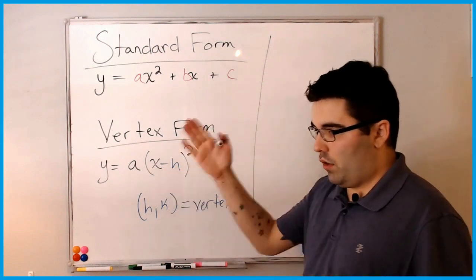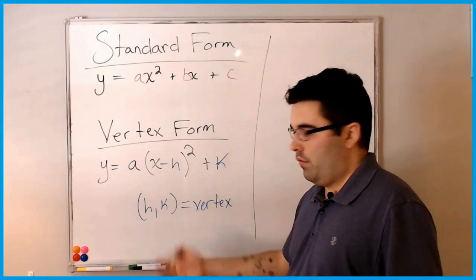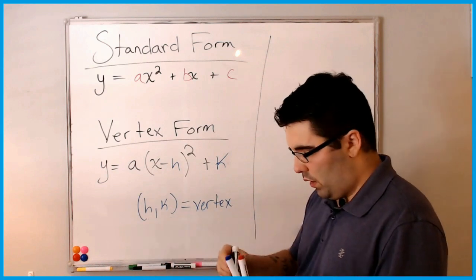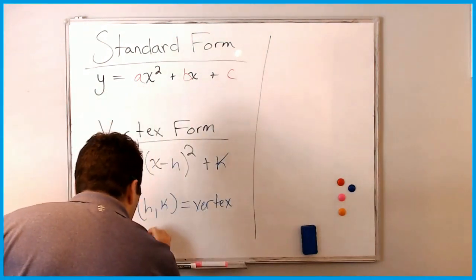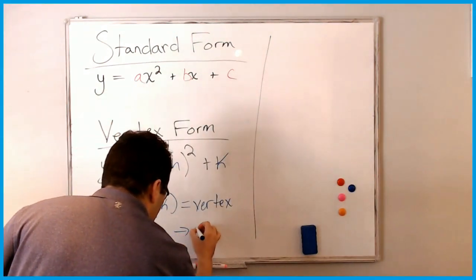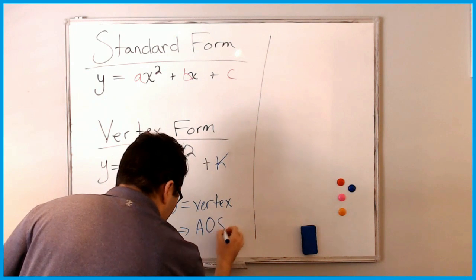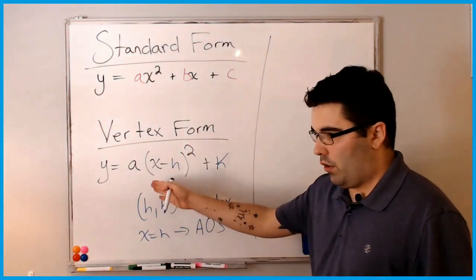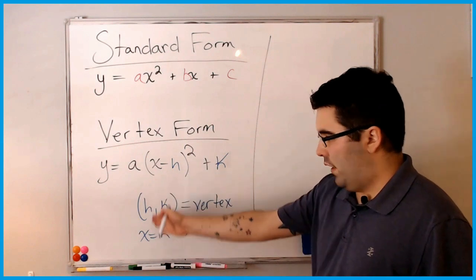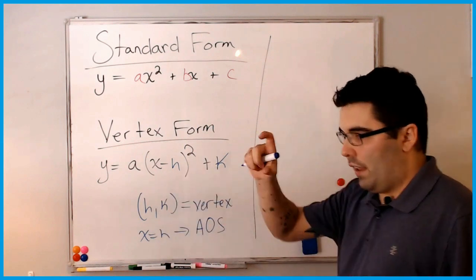Remember it goes through the vertex, well, here you've got the vertex. So the axis of symmetry will just be this. x equals h is the AOS, which is the axis of symmetry, because the axis of symmetry is just whatever comes through that h value.